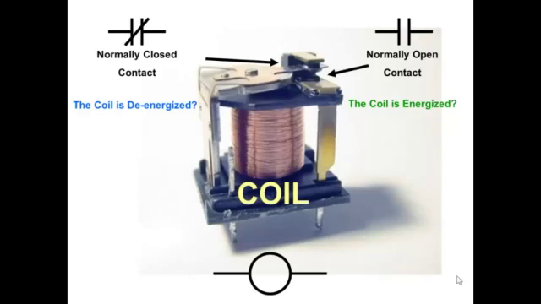So the normally closed contact basically is true if off, true if the relay is off, true if the relay is de-energized. The normally open contacts are true if the coil is energized, true if the coil is on or energized.